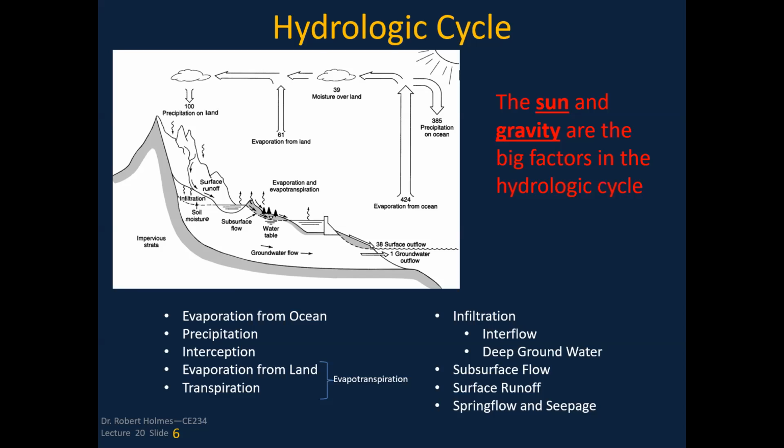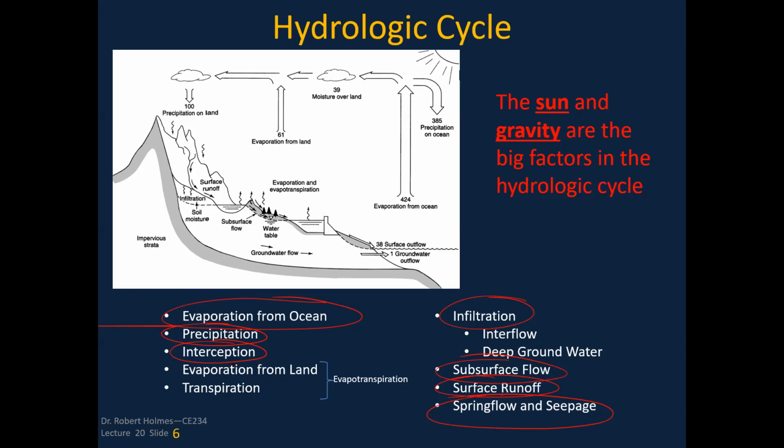The various processes are infiltration, subsurface flow, surface runoff, spring flow and seepage, evaporation, precipitation, and interception. Interception is when you have vegetation on the landscape and water gets caught up in the leaf matter. Potholes in the street, reservoirs, and so on are all areas that can intercept and store water.